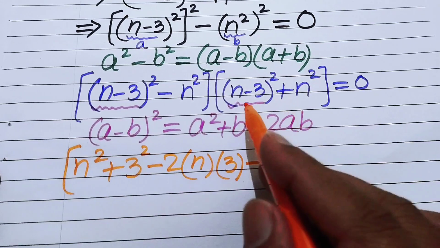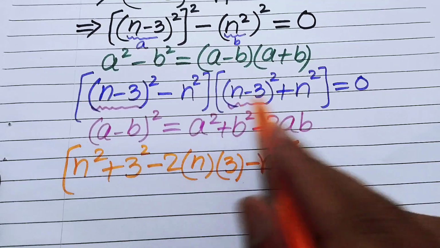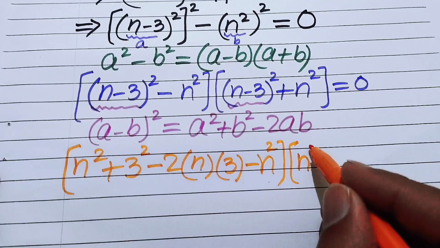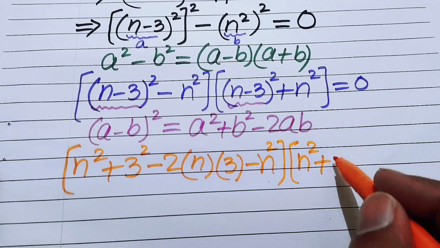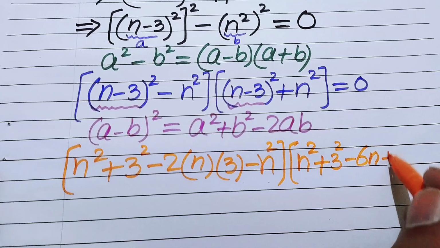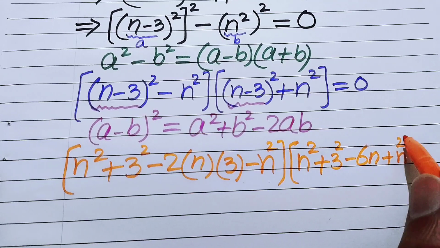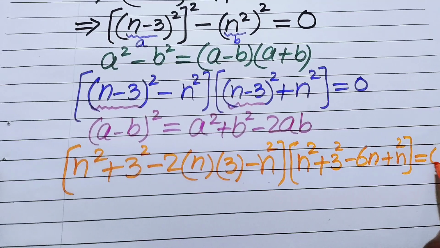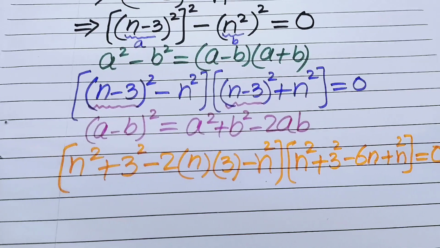And similarly we will open the square of this term, and you get here n squared plus 3 squared minus 6n plus n squared, and this whole equals 0.